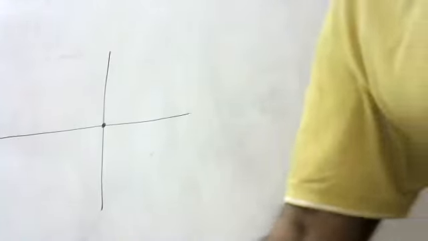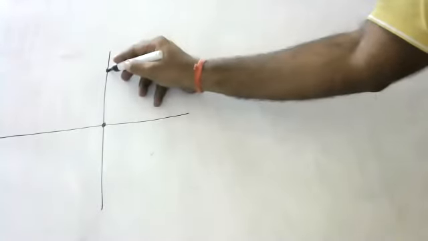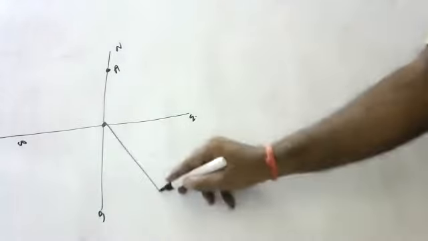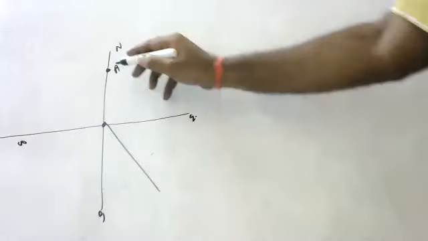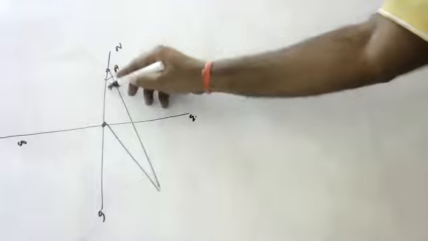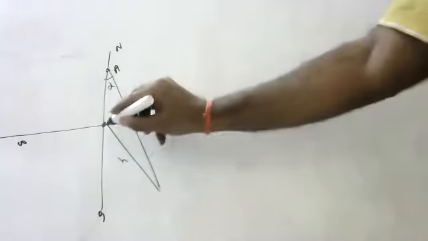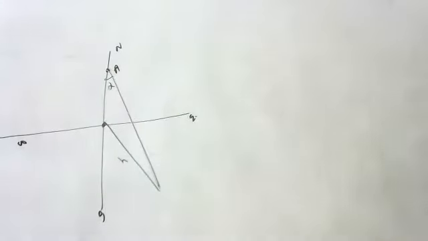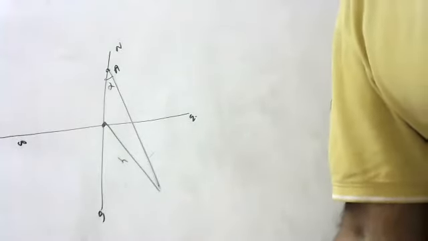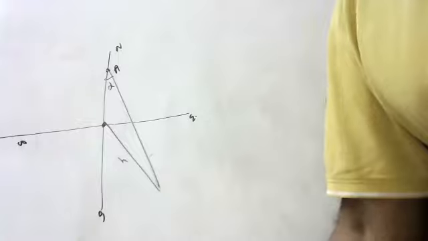The elevation of the tower from A, he is seen north, south, west, east. From here it is alpha. This is H. Children, this H is actually like this. I'm not able to draw it also. And he's saying from station B to west is beta.